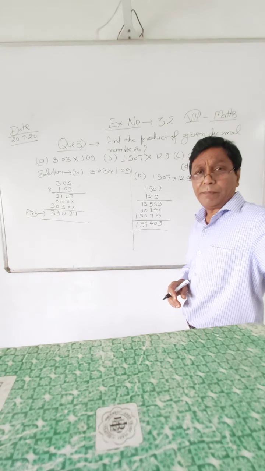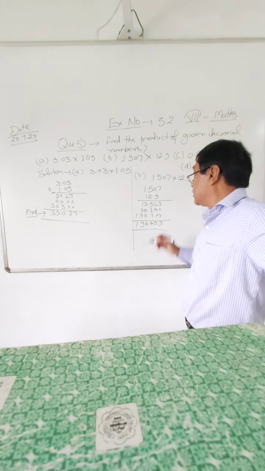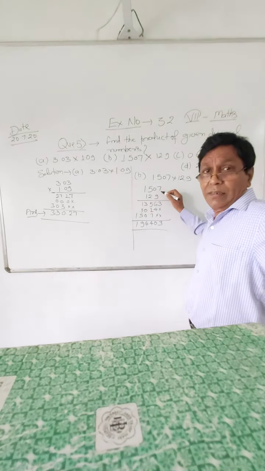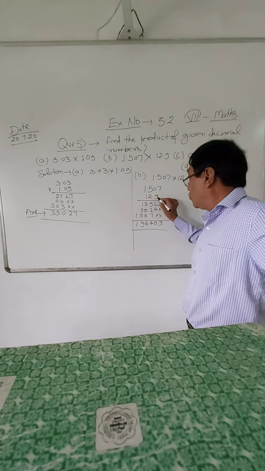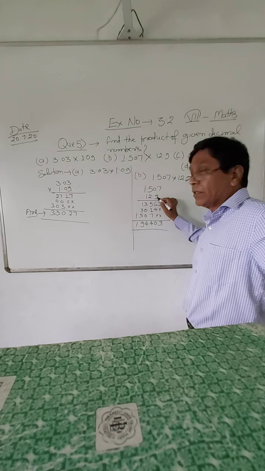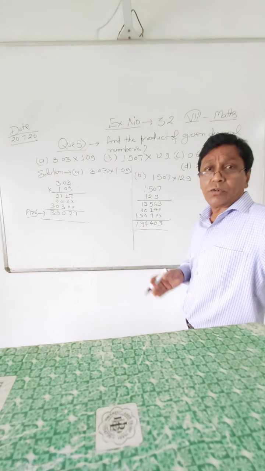Now again same way, where to put the decimal? See, in this number after 3 places the decimal is, and here 1 place. So 3 places plus 1 place. Add these numbers, so 4 places.